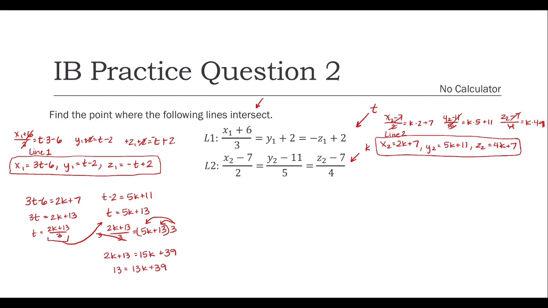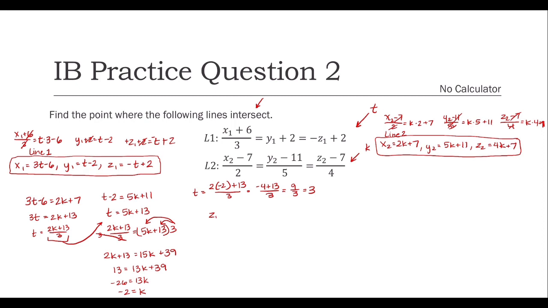We'll subtract 39 to get negative 26 equals 13k. And then when we divide by 13, we get negative 2 equals k. So now that we know k is negative 2, we have t equals (2 times k, which is negative 2, plus 13) over 3. So this is (negative 4 plus 13) over 3, which is 9 over 3, which equals 3.